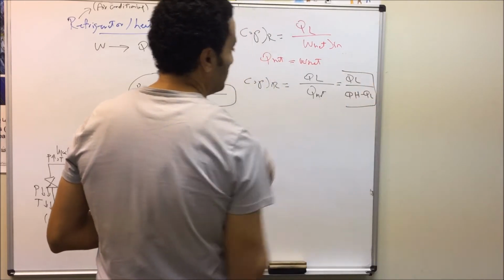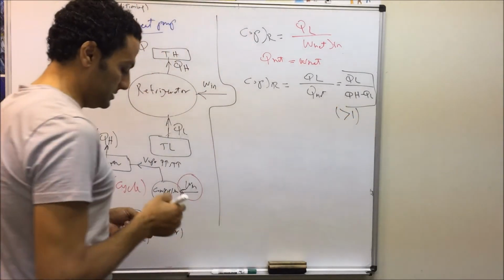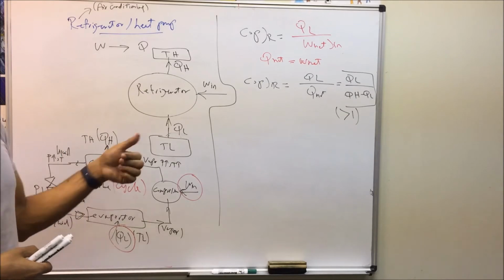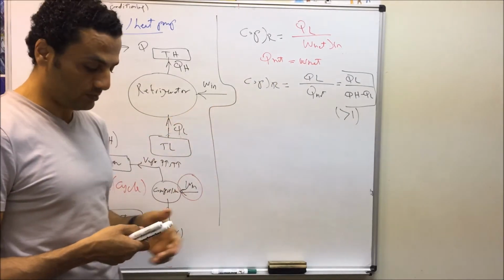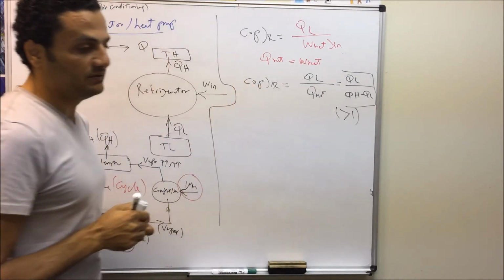This value may be greater than 1, unlike the thermal efficiency of a heat engine, which should be less than 1. The coefficient of performance of the refrigerator may be greater than 1. This is not an efficiency.